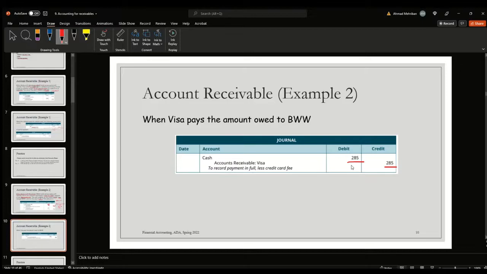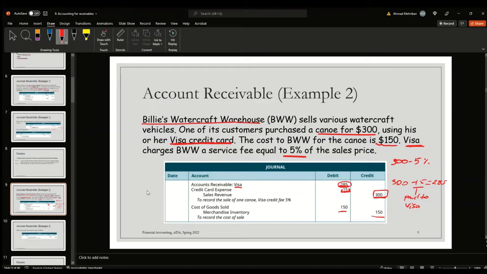Here the most important part is that you understand the transaction between the customer who uses the Visa card and the payment made to the retailer, in this case BWW. The customer uses the credit card and pays Visa 300.